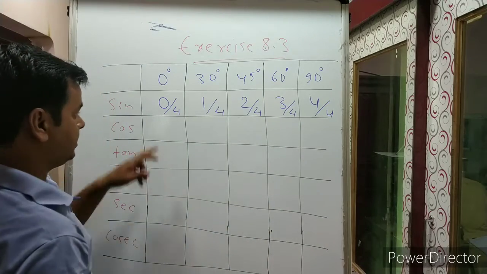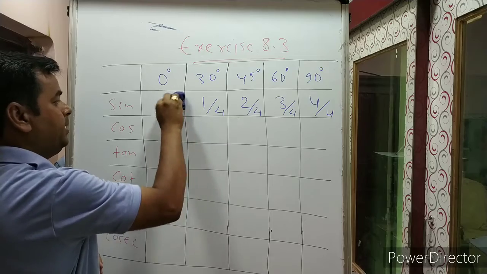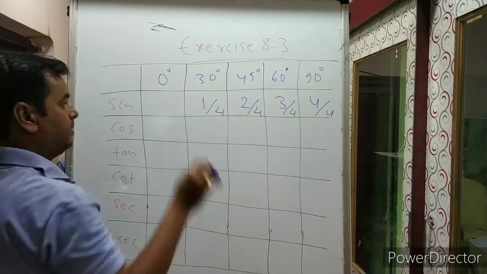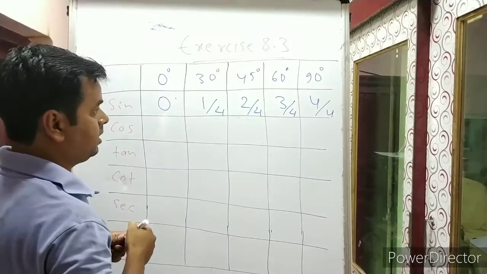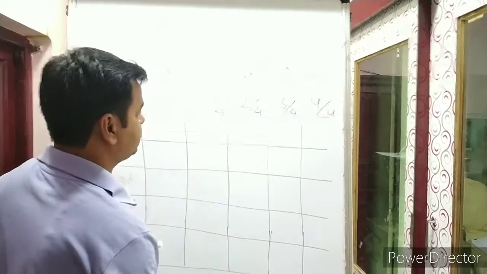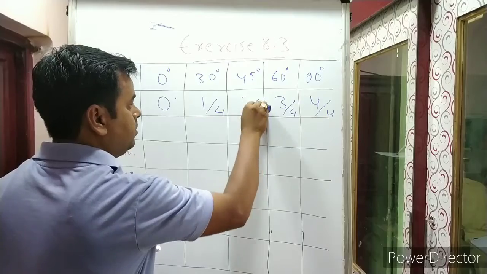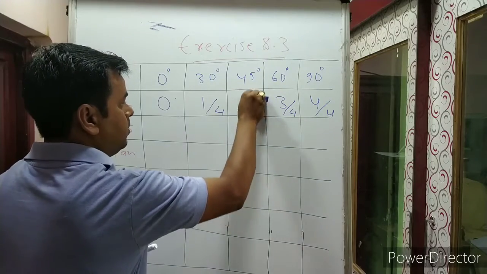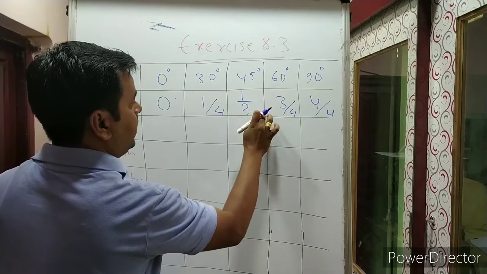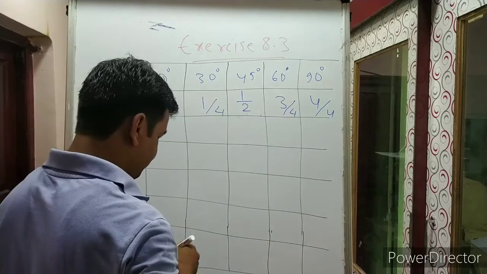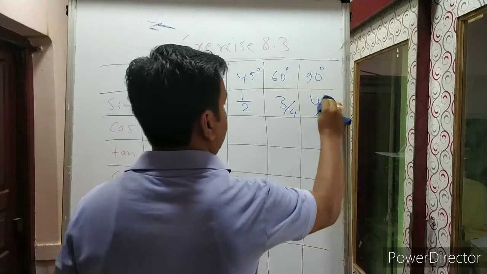What will be the answer? 0 divided by any number will be 0 only. 1 by 4. 2 by 4 we can write as 1 by 2. 4 by 4 is 1.